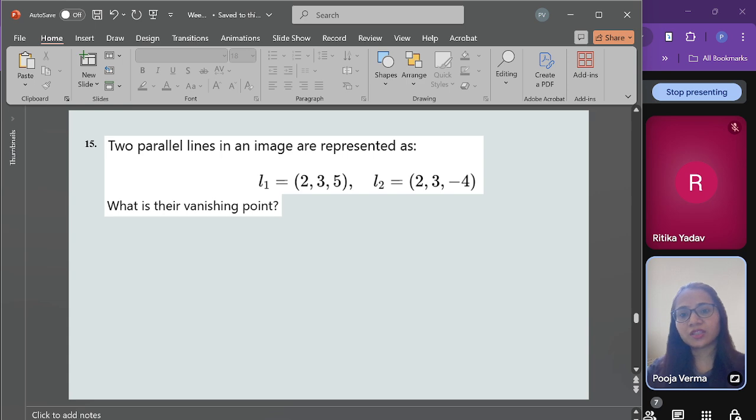Now the next question is two parallel lines in an image are represented as L1 = (2, 3, 5) and L2 = (2, 3, -4). What is their vanishing point? Does anyone have any clue how to solve this question? Can you suggest how to solve?